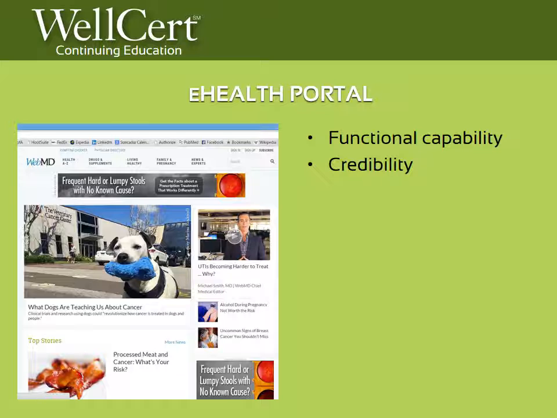The credibility of that resource in terms of how often is it updated? Is it associated with a known, identified kind of thought leader in terms of health and healthcare? That credibility is important. Are there fixes for a relatively low health literacy? Health literacy is a major problem for the US. Our population is not very literate about their health and healthcare.